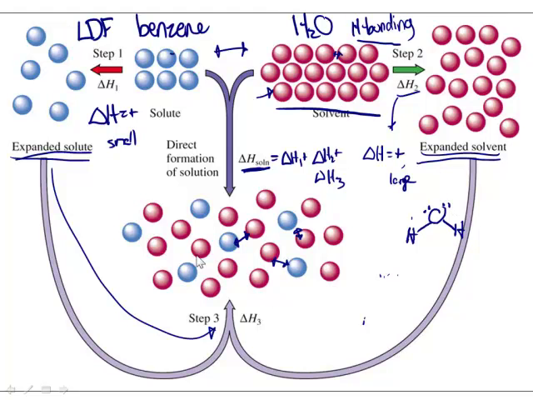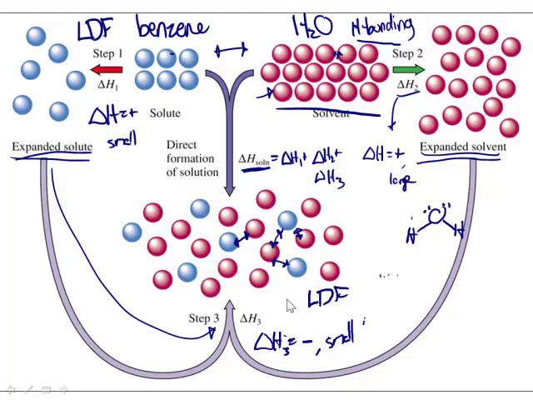Benzene is nonpolar. So when we mix the solute and the solvent particles, new attractions are going to form, but the only type of attraction possible between benzene, which is nonpolar, and water is going to be London dispersion forces. Therefore, delta H3 is going to be negative, but it's going to be small.